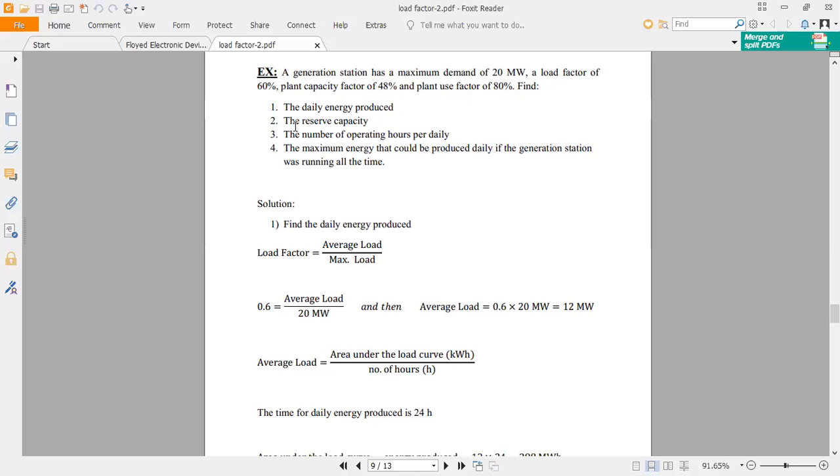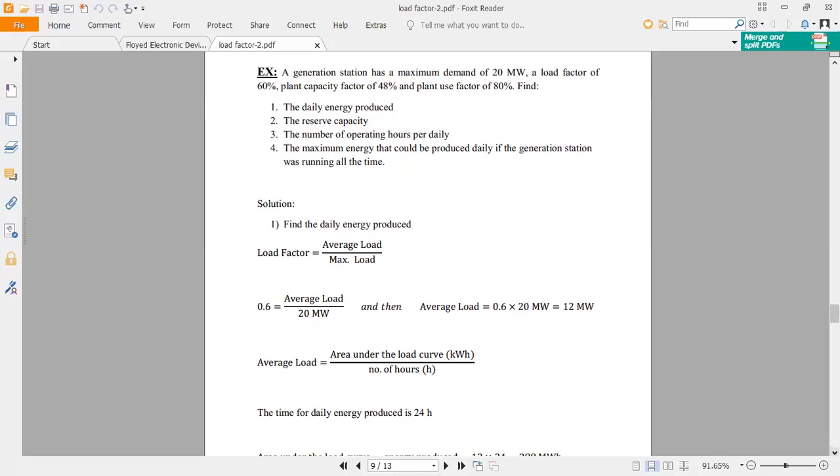In part 3, the number of operating hours per day, how many hours it works daily. And in part 4, the maximum energy that could be produced daily if the generating station ran all the time.